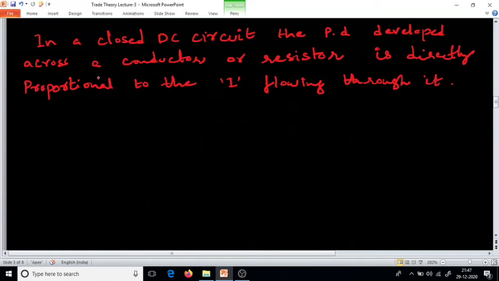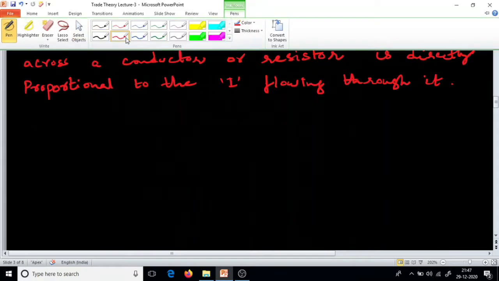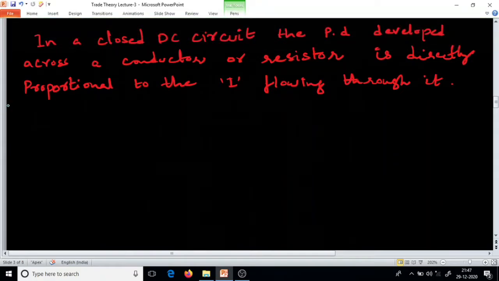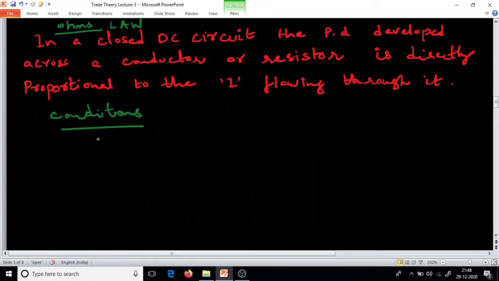But there are two conditions. This is the basic definition of Ohm's law. I forgot to write it. But there are two conditions. This should satisfy two conditions, then only this statement is valid.